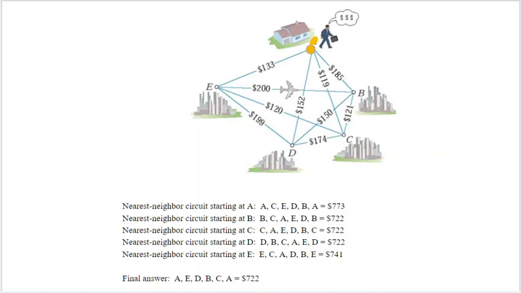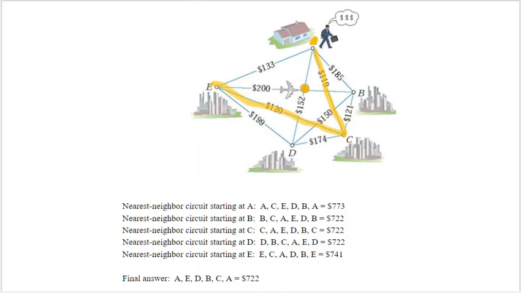B would be 185, C would be 119, D would be 152, E would be 133. Well, C is the cheapest, so we'll go there. From C, we could go to B, which is 121, D, which would be 174, or E, which would be 120. E is the cheapest, so we'll take that route.